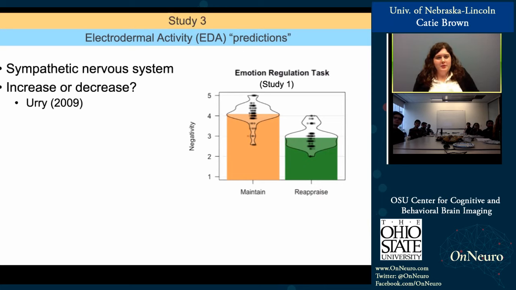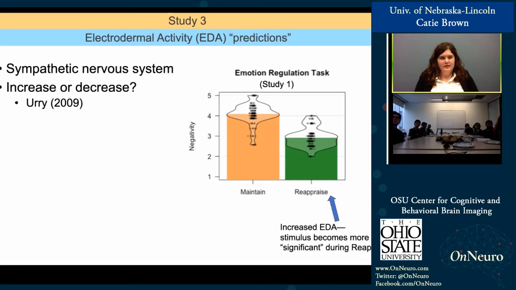Differences between maintain and reappraise in EDA could be due to how attentionally demanding the task is. Reappraisal requires more attention, thus the stimuli become more significant, require greater focus, more amping up. So you might see increased EDA during reappraise compared to maintain.